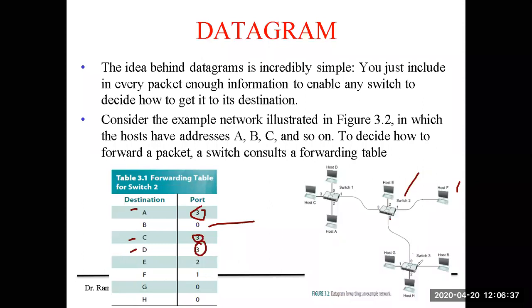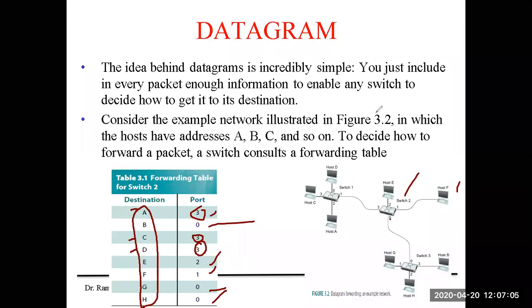G is attached to switch 3. In order to connect to switch 3, you have to go through port number 0. From 0, it will forward to switch 3, and through switch 3, G is connected. And H as well. So you can see it has all the information about all the nodes in the network, along with their port numbers.